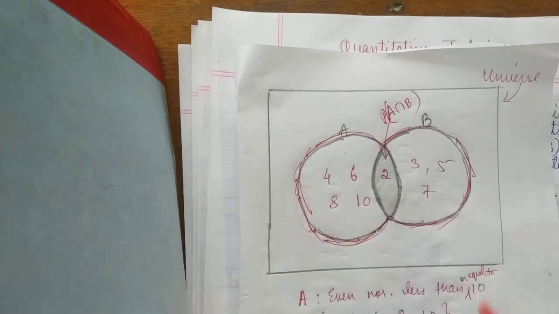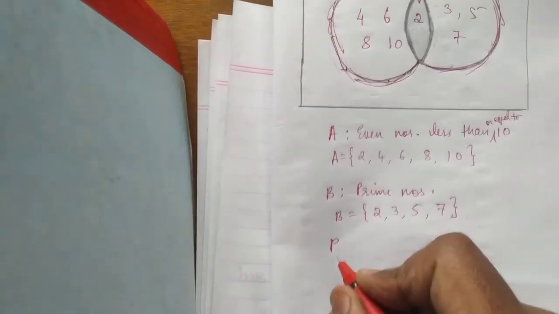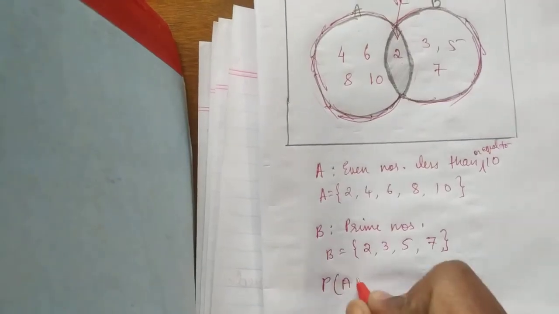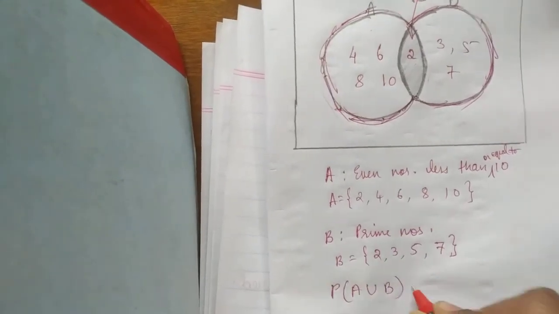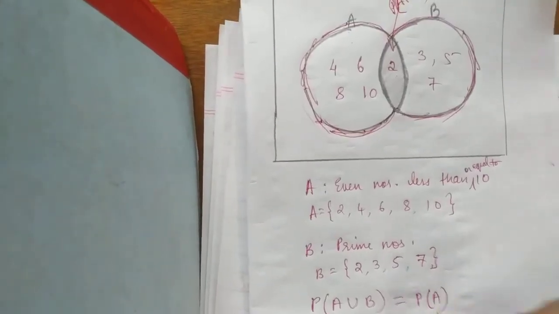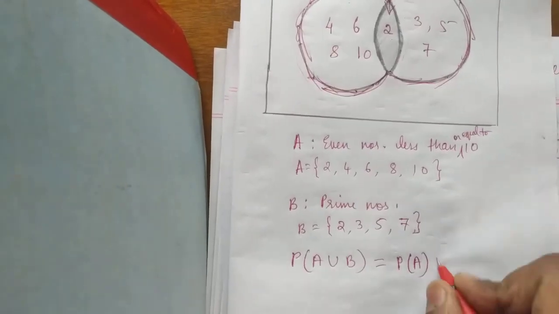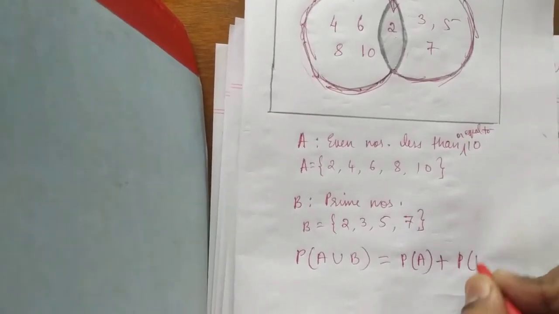Fine. So what is the probability of A or B? Probability of A union B, that is A or B, is equal to probability of A, the entire circle I have taken, plus probability of B.